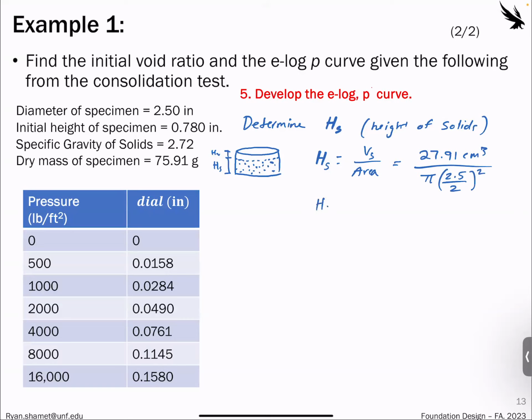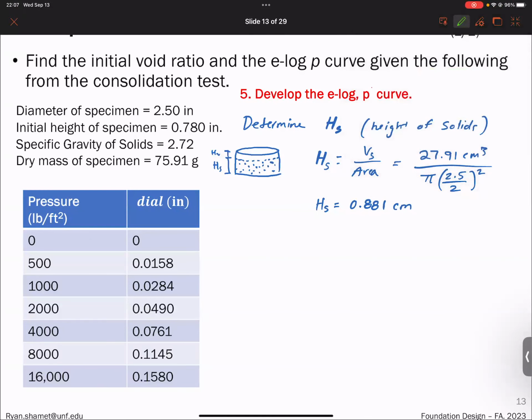And so for the height of solid, what we'll get is 0.881 centimeters. Remember that 2.54 centimeters is equal to 1 inch, so we need to make that conversion here.